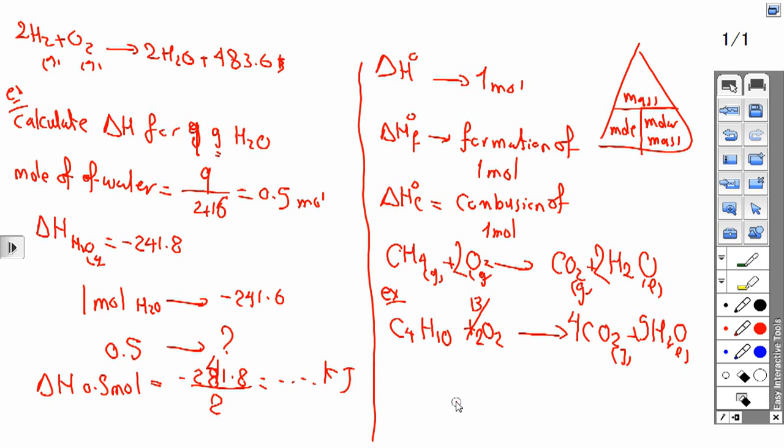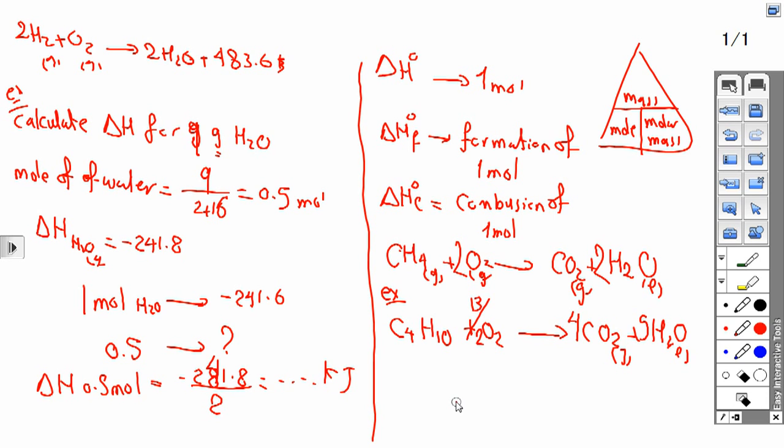For example, if the question is: delta H of formation of a substance is X, and delta H of the product of the combustion of the same substance is Y. How do you calculate the enthalpy change of the combustion?